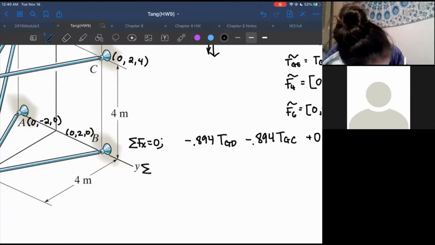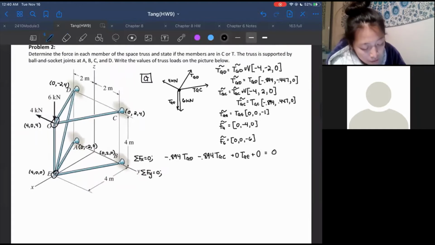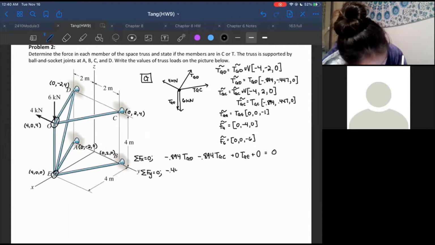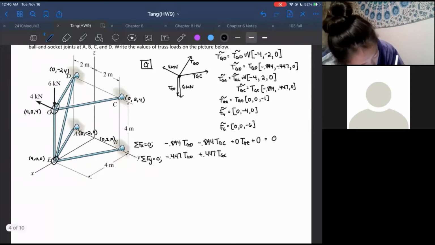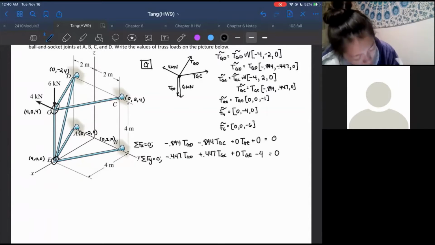Now we're going to do sigma F of y equals 0. We're going to look at the y components. So negative 0.447 times TGD plus 0.447 times TGC, then plus 0 times TGE minus 4 equals 0.